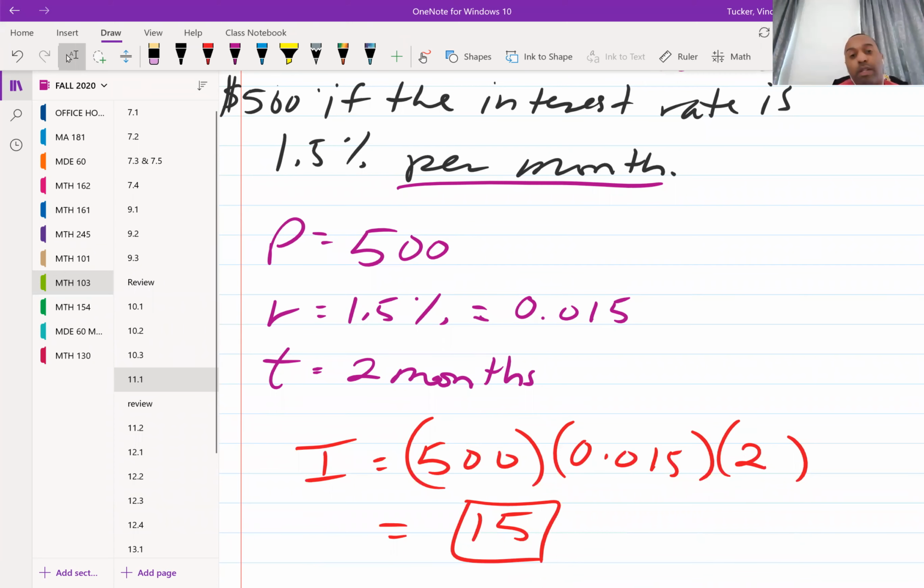Multiply those 3 numbers together, that'll give us $15. All right, questions.